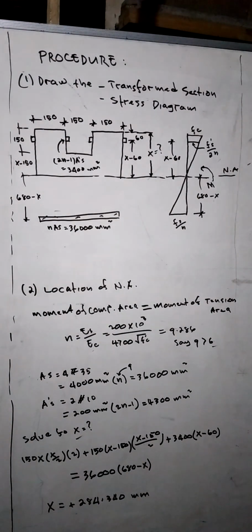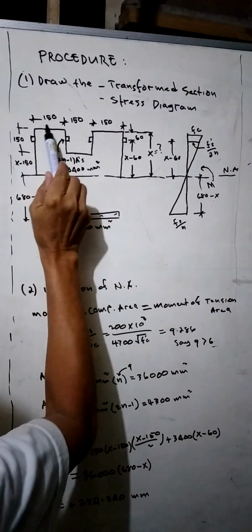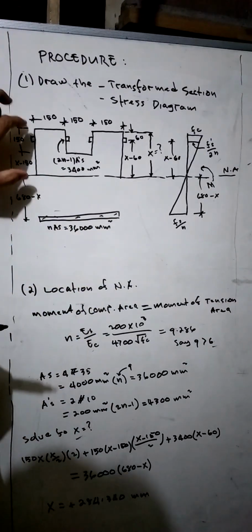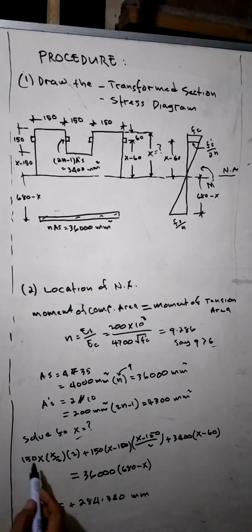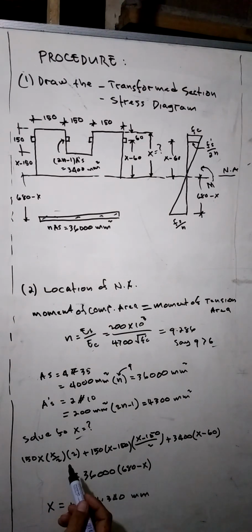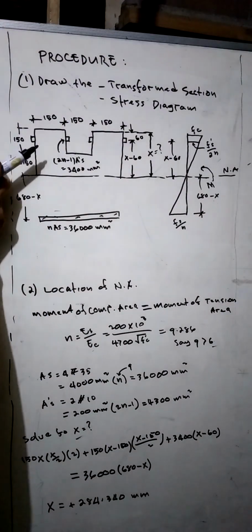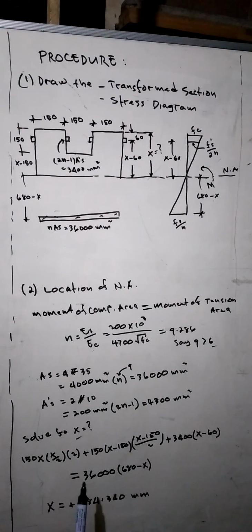So 150 times the height, which is x, then times the distance of the center of gravity, which is x over 2. And since this area is identical with this, multiplied by 2 to make it simple.